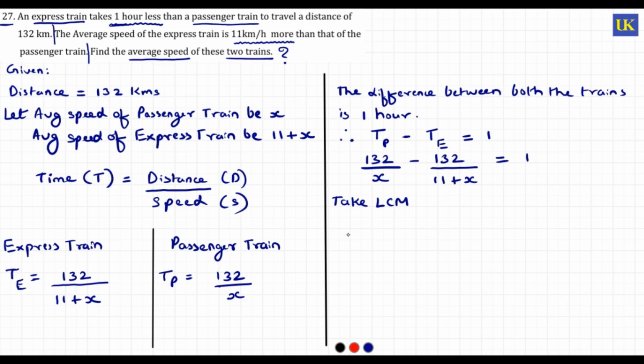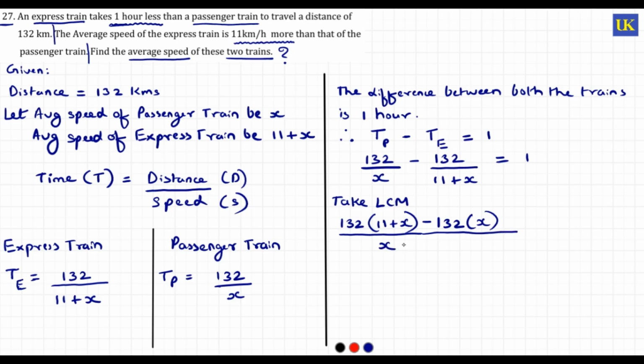So when we take the LCM, this particular thing is going to come and sit here and this x is going to get multiplied here. Okay, so I will write it here. 132 into 11 plus x minus 132 into x, and now in the denominator I will multiply and write both these things.